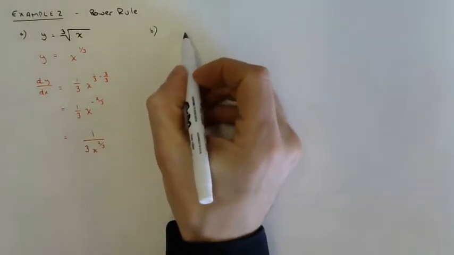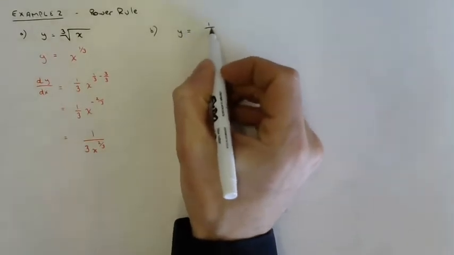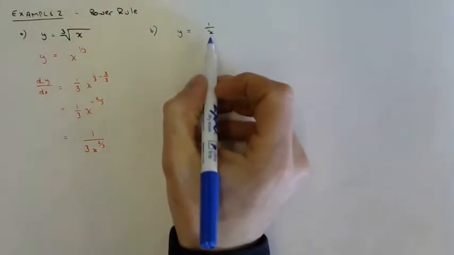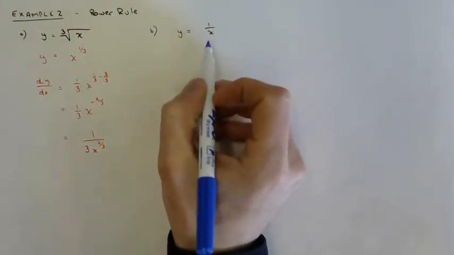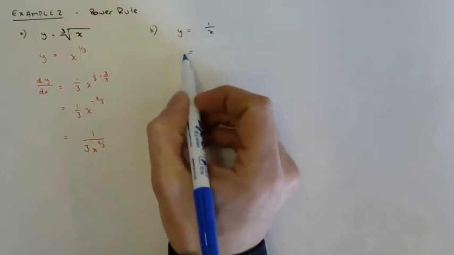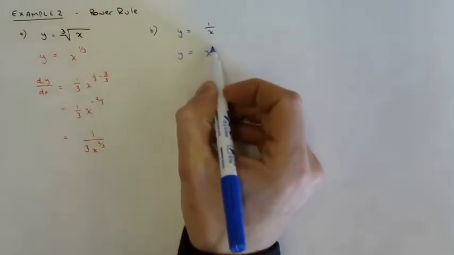B, there are 3 of these, by the way, A, B, C. B is y equals 1/x. Again, I need the x to be in the numerator, so it's going to have a negative exponent, so 1/x is the same as x to the power of -1.